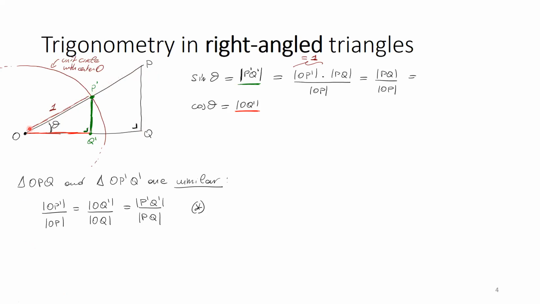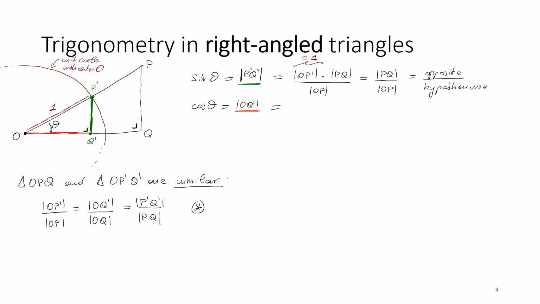This is the hypotenuse, the longest side in the triangle. So once again, sine theta is opposite side divided by hypotenuse. I can write it systematically as opposite side divided by hypotenuse.